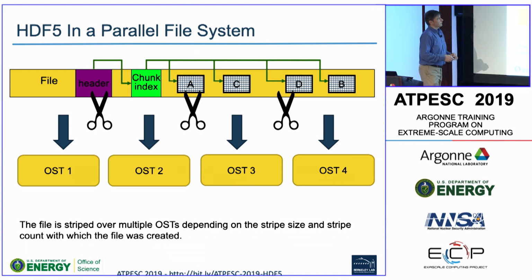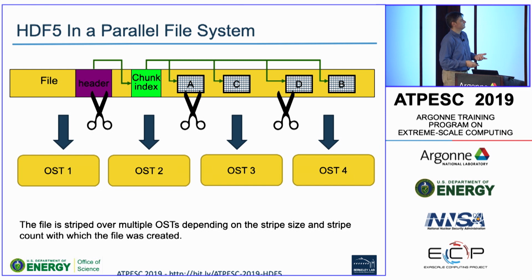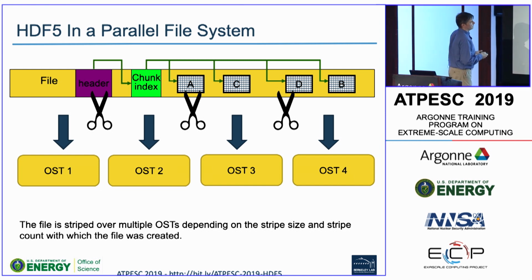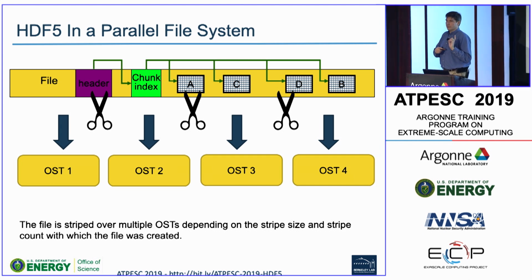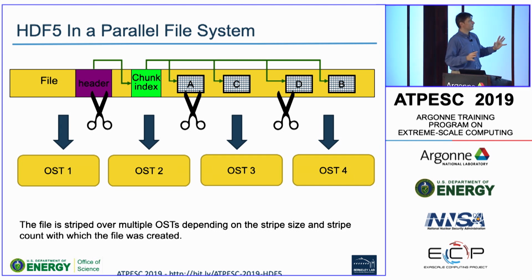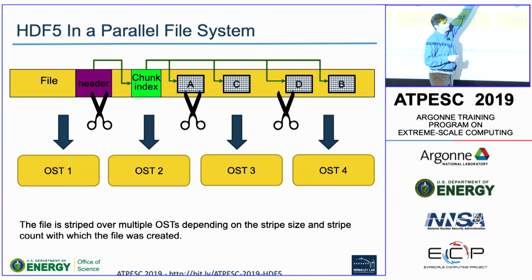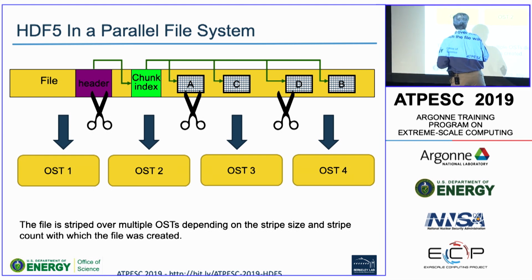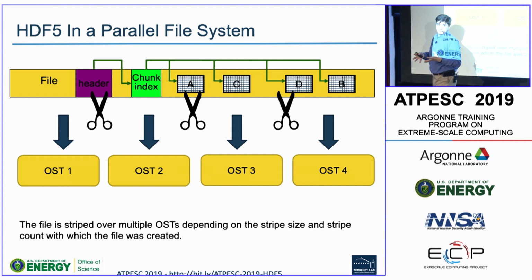But when you layer that on top of a parallel file system, it's like fun, which is part of the reason why we rely on MPI to do the right thing, right? If we describe all the elements that we're going to do I/O on in your chunked data set to MPI, and we say, hey, all the ranks are going to do I/O here, and rank 0 has all the data for this piece, and rank 1 and 2 and 3, then we allow MPI to get the full set of information.